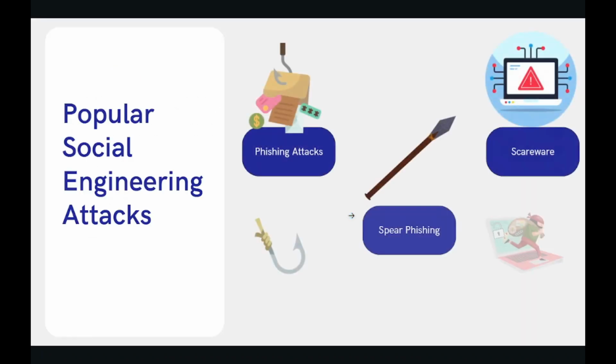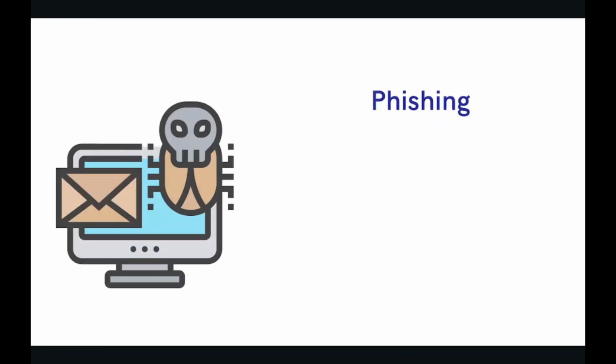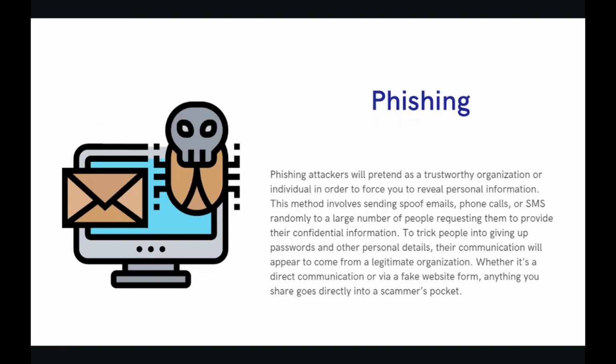So, here are some examples of popular social engineering attacks: phishing attacks, scareware, spear phishing, baiting, and pretexting. So, let's talk about phishing. It is a method that cyber attackers use to manipulate people into taking actions or divulging sensitive information.